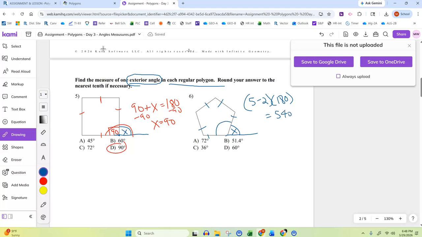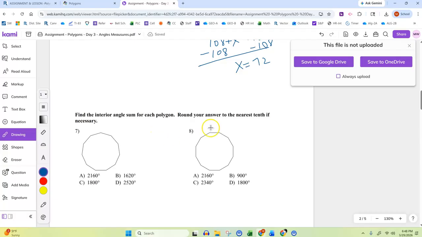But we have to divide by 5 sides, so we get 108. So this one is 108, right? And remember, these two together, 108 plus x equals 180. So x equals, what is that, 72. Okay, so that's how you do that kind of a question.